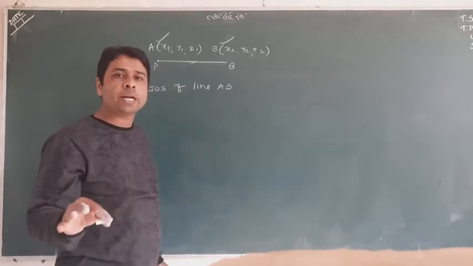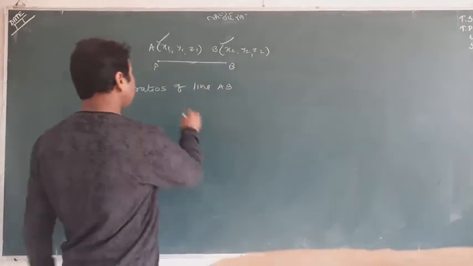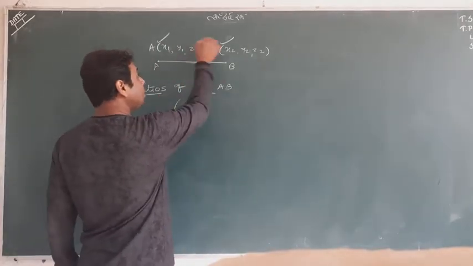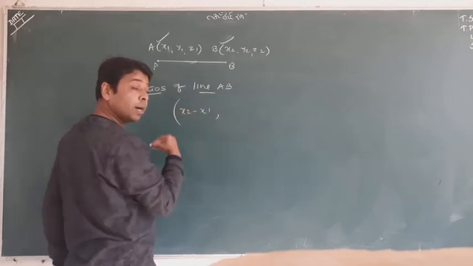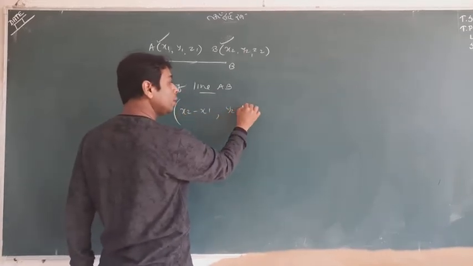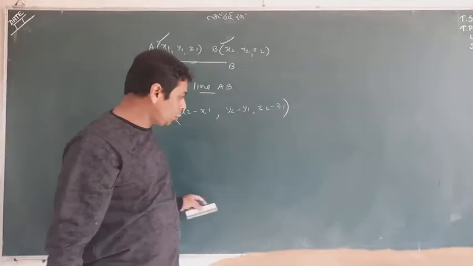You need not write your answer in ijk, but reply directly with the direction ratios of line AB that I taught you initially: x2 minus x1, y2 minus y1, z2 minus z1.